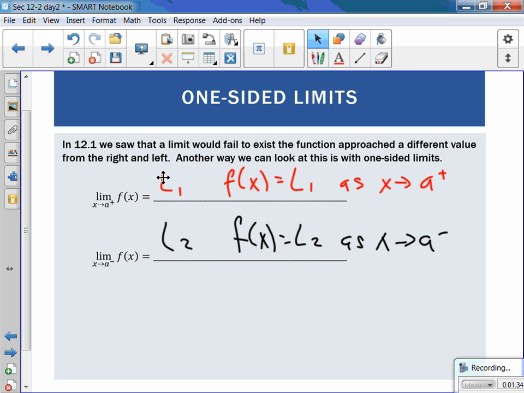So what did we learn about this L1, L2 stuff if I want to find the limit as f of x approaches a? What has to happen to my L1 and L2? Can they be different? Can they be the same?